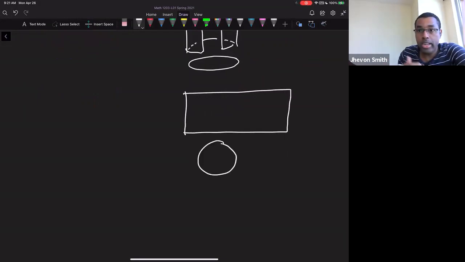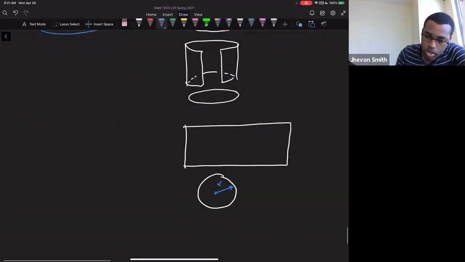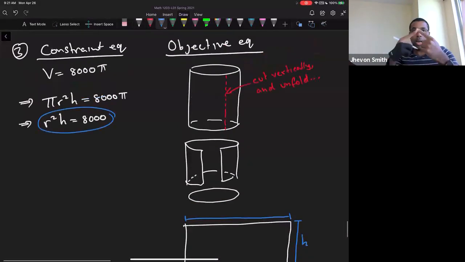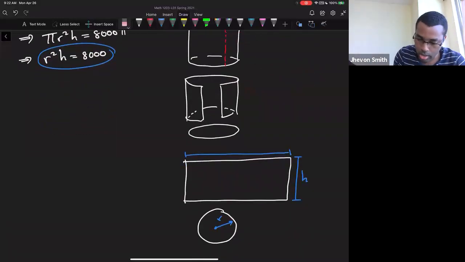If it was a closed can, you'd have 2 circles. So you'd have here this is your R. You would also have here this is your height. And then here, that was the distance around, right? So we unfurled it. That's the distance around the can. That's just circumference. So that is 2 pi r.